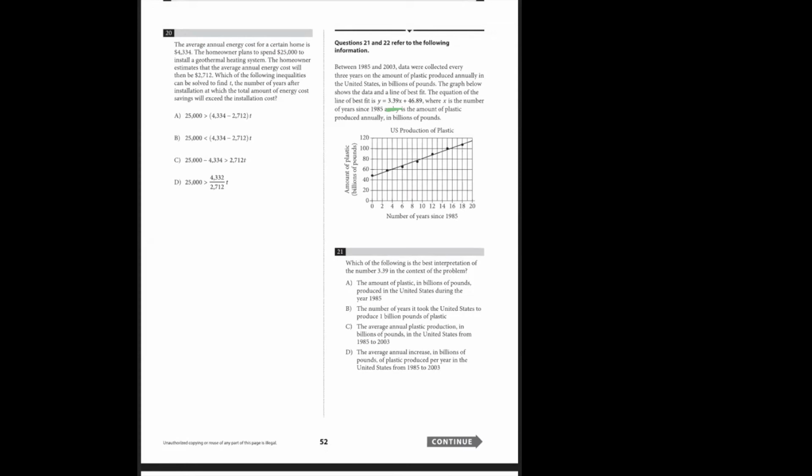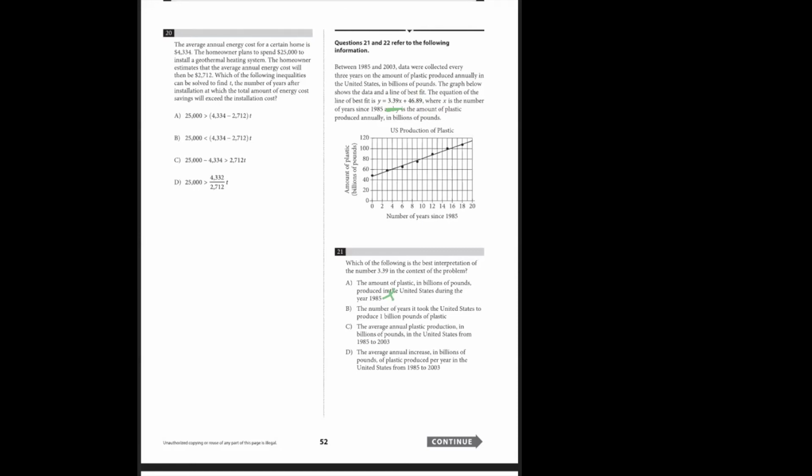The amount of plastic in billions of pounds, no, definitely not. That could be the answer if it was asking for this, because that would be the amount that was there from the start. But no, that's not the answer. That would be the y-intercept. The number of years it took, no, just make sure that your units are matching up.